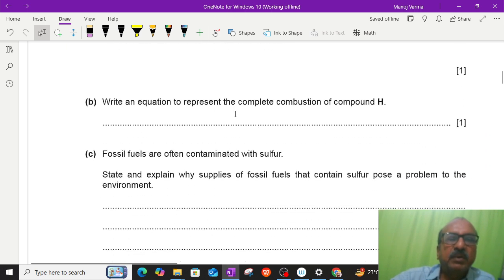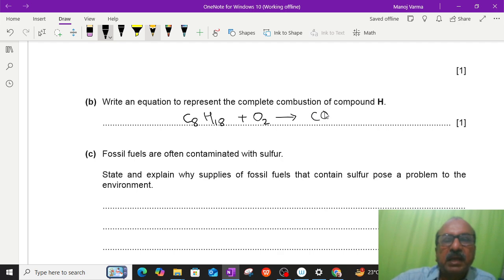And you have to write the equation for the complete combustion of the compound H. So, C8H18, and now it undergoes combustion, means there is oxygen which must be added to it, and then the products. You must understand that whenever a hydrocarbon undergoes combustion, the products formed are carbon dioxide and water. This you have to know, that it forms carbon dioxide and water.